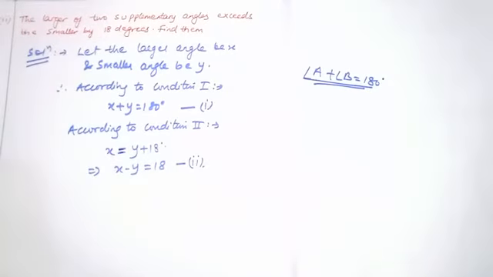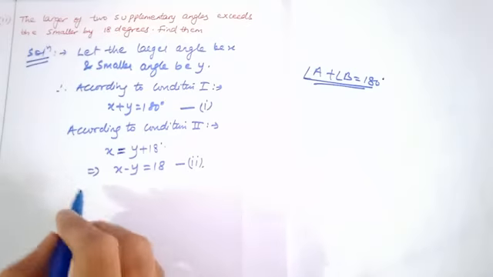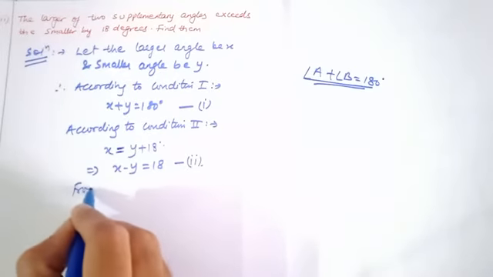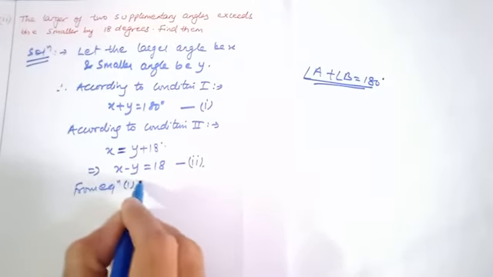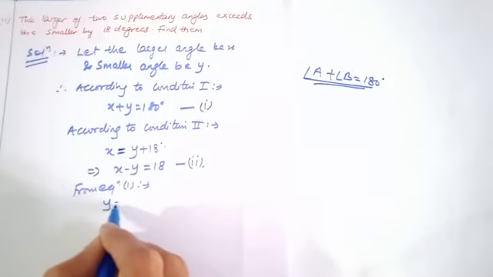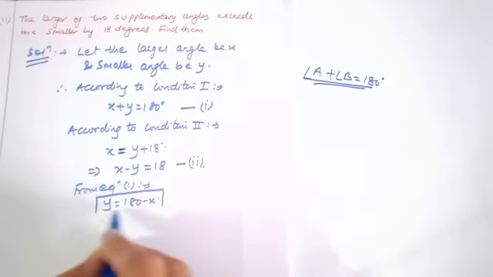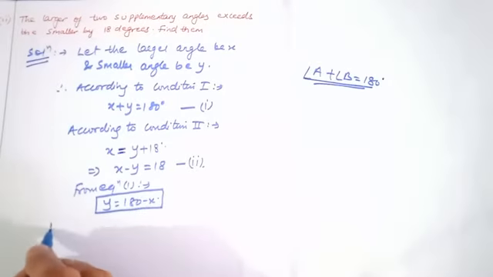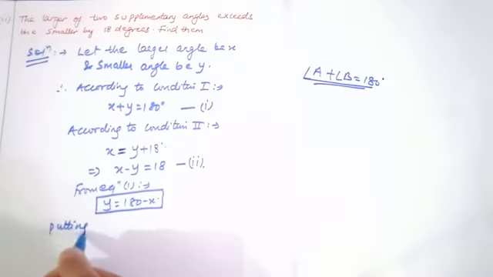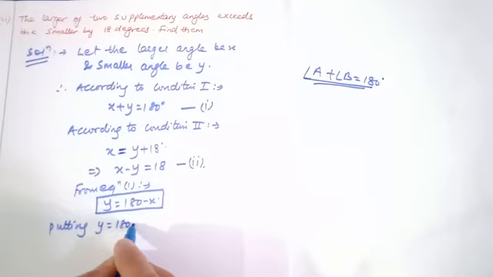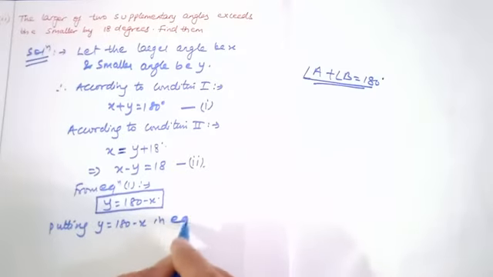Now we will find the larger and smaller angle using the method of substitution. From equation 1, we will get y equal to 180 minus x. Okay. So now we will put this value. Putting y equals 180 minus x in equation 2.